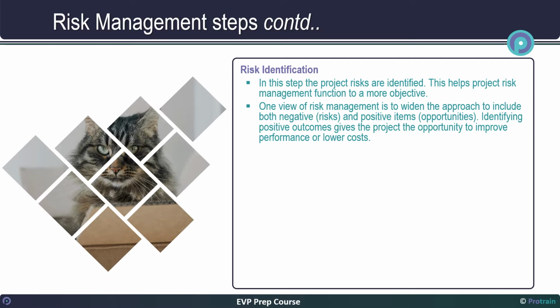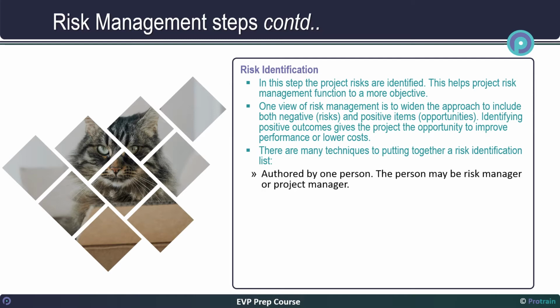The first step in risk identification is to assemble a list of project risks. There are many techniques to putting together a risk identification list. These are: authored by one person, who may be the risk manager or project manager.